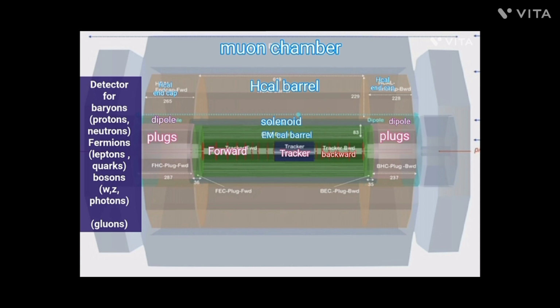Then we have got the end caps, the hadron calorimeter end caps. We have got the plugs. We have got the end caps for the electromagnetic calorimeter barrel and the muon end cap. So that's the detection system where all types of particles get detected after their birth, and they register themselves in different detection systems.